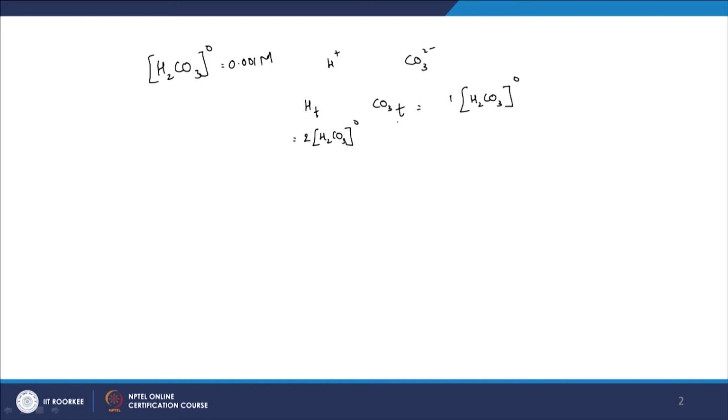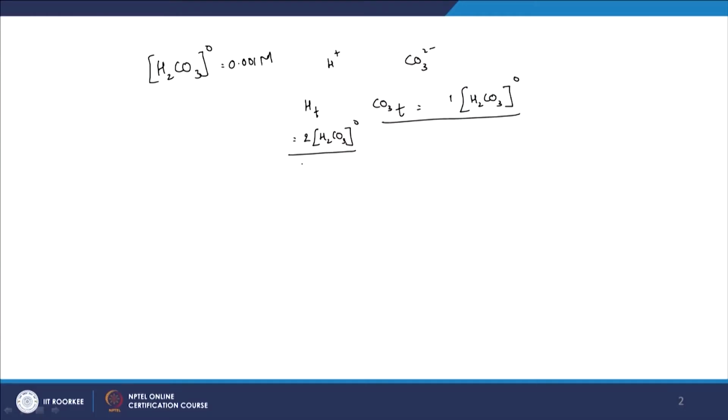And obviously we are not going to go into detail because we have covered this in greater detail in the previous sessions. So this is what we are now putting into our system in Vimintek. So we have H total equal to 2 times 0.001, that is equal to 0.002, and CO3 total will be equal to 0.001 molal.